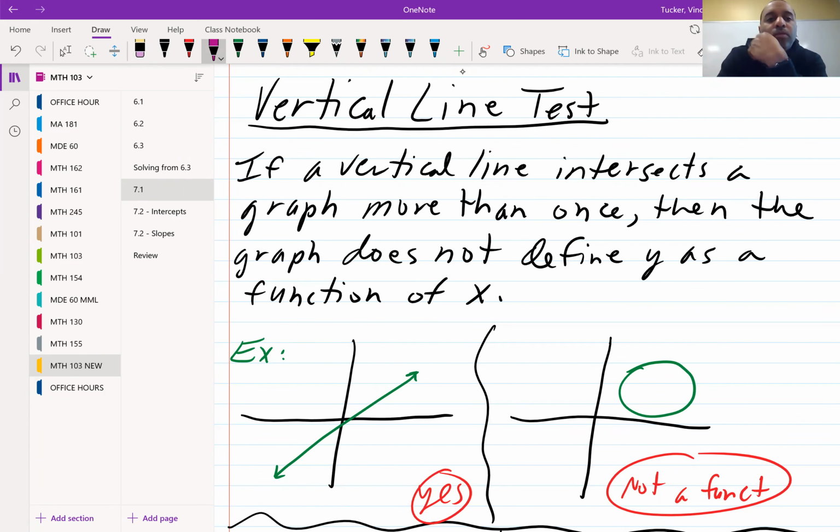So once again, if a vertical line intersects the graph more than once, then the graph does not define y as a function of x.